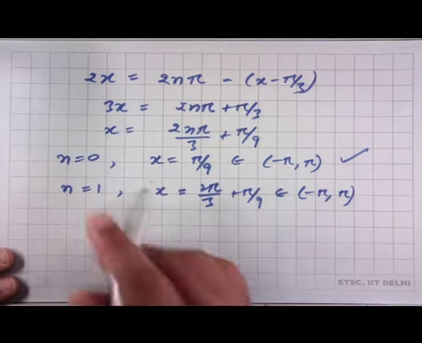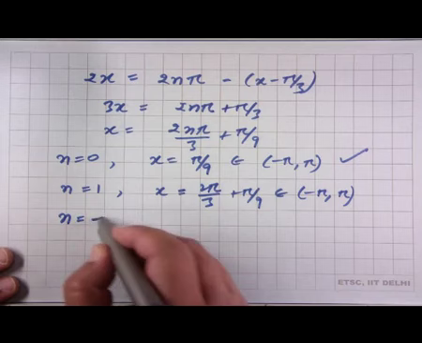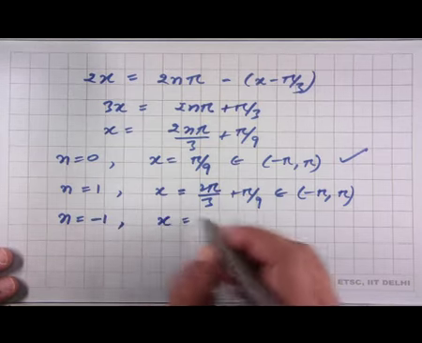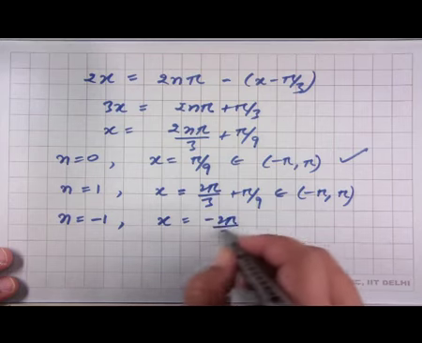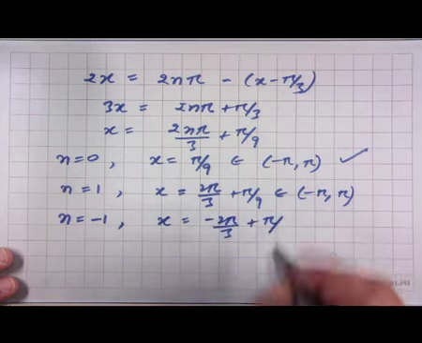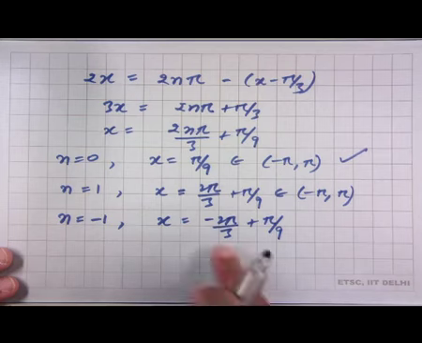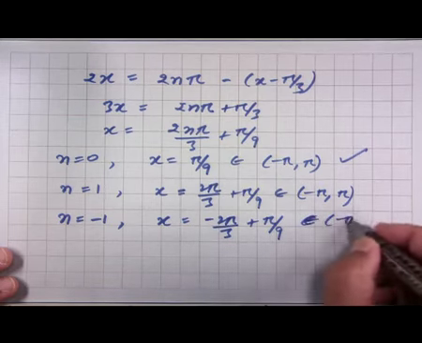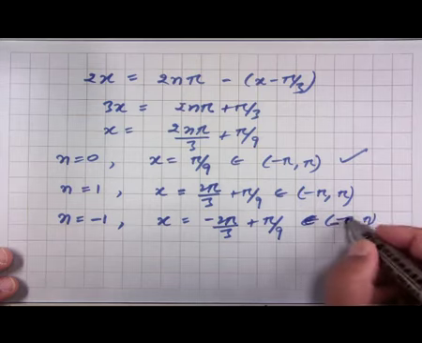On the negative side, if we take n equal to minus 1, then we get x equal to minus 2 pi over 3 plus pi by 9, and this value of course belongs to the interval minus pi to plus pi.